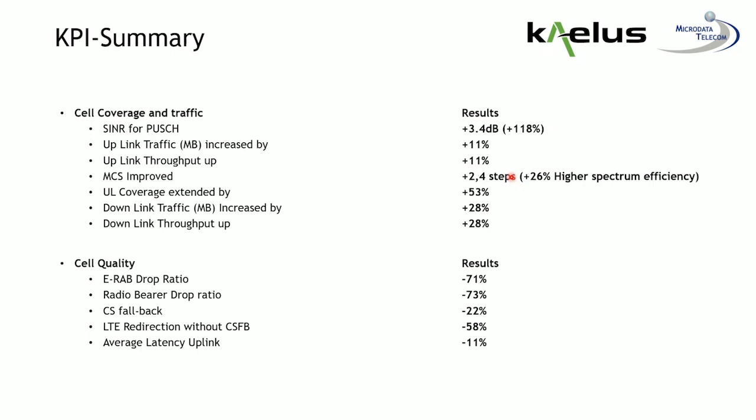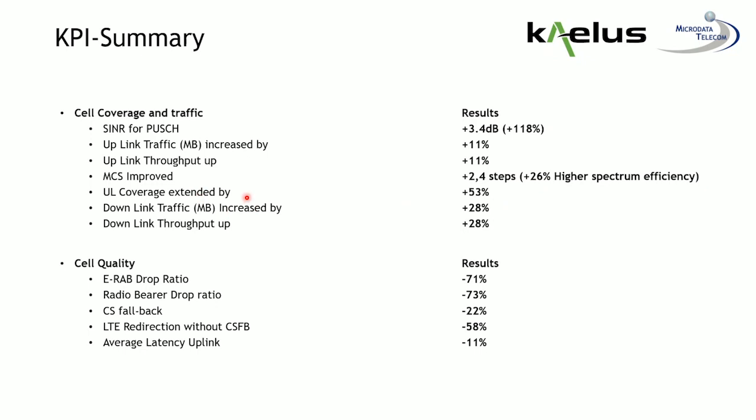So if you have 10 megahertz in spectrum in your sector, which is very low, it is still $10,000 in license cost for that sector. So spectrum efficiency is very, very important. And here we increase the spectrum efficiency by 26%.